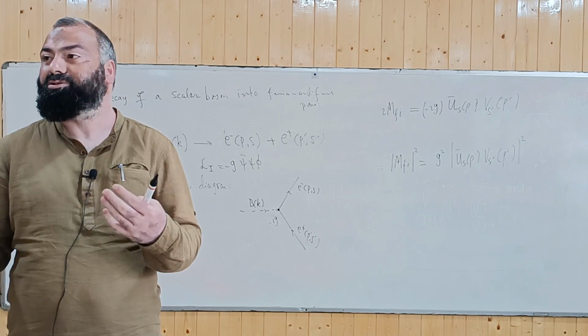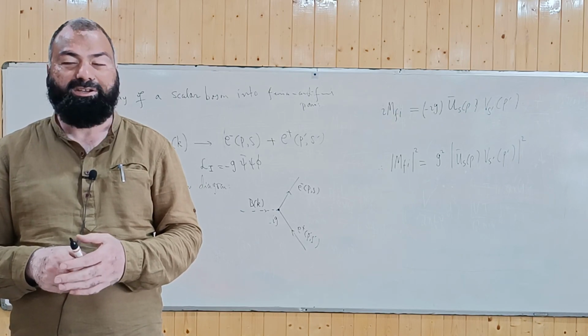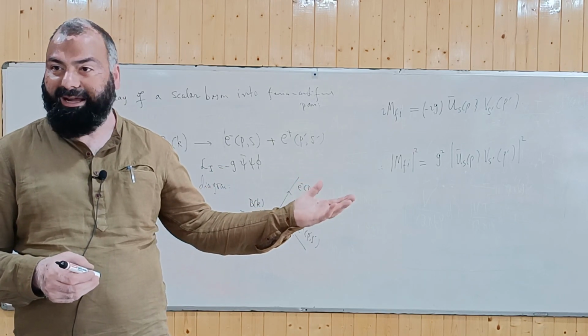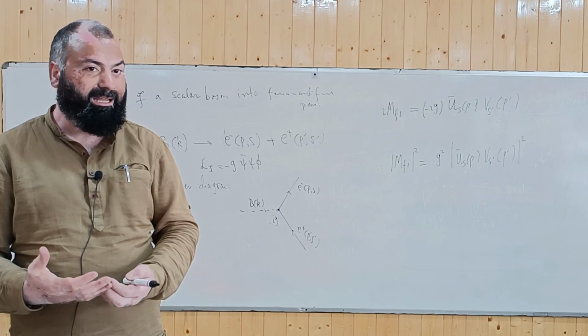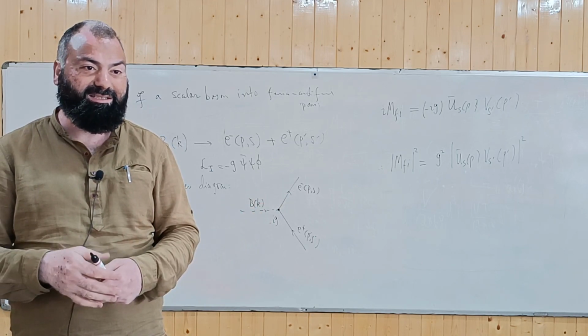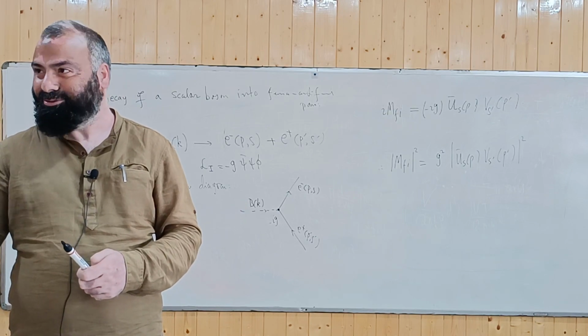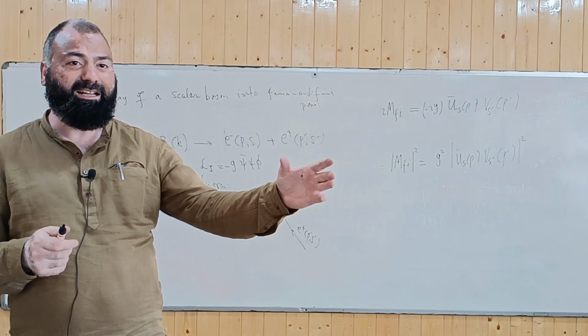Let's not bother with the spin components. Clear? So what I will do then, I will simply take the average over the final spin states or sum over all the possible final states. If I sum over all the possible final states, what will I get? I will get actually the uniform probability throughout. So I will get actually the decay rate.